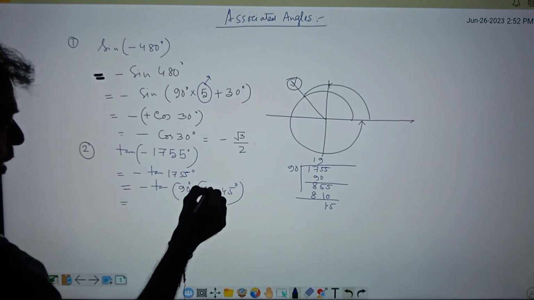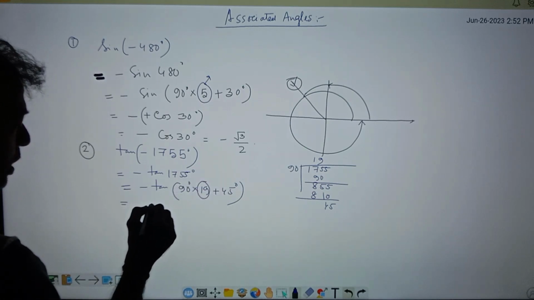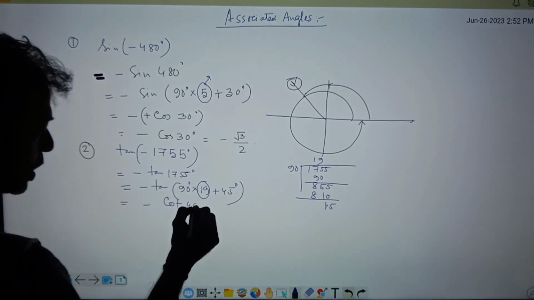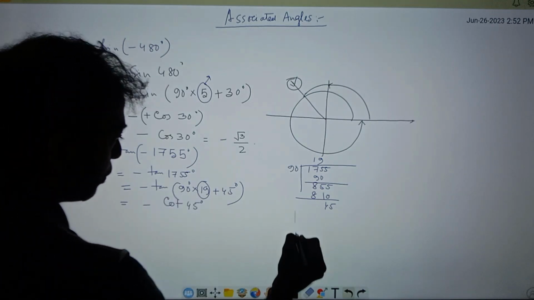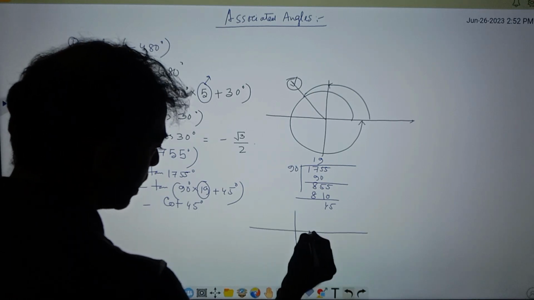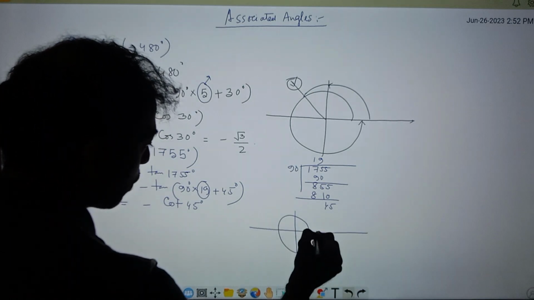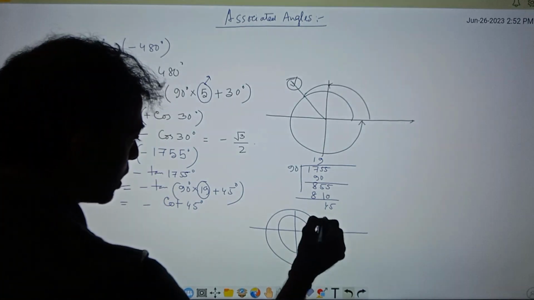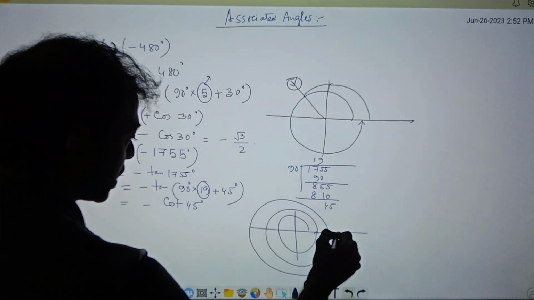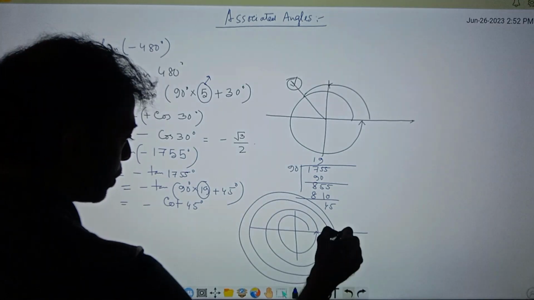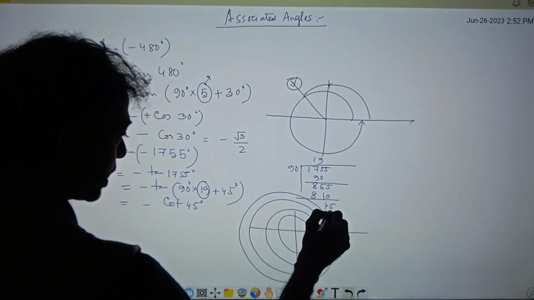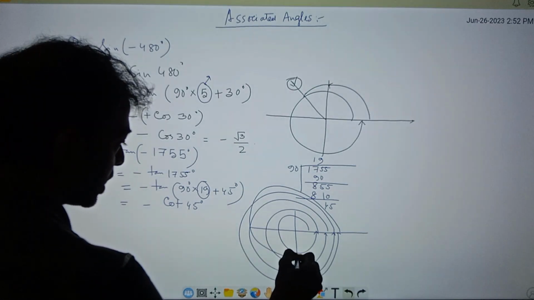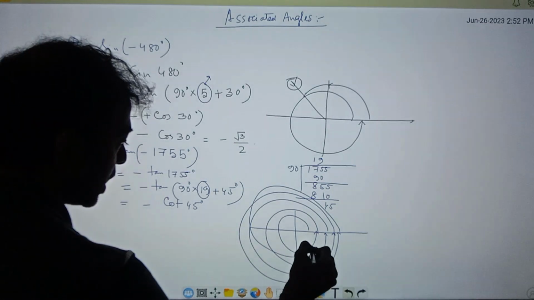Here, this is an odd multiple, and the trigonometric ratio is going to change, and it will be cot 45 degree. Now, in which quadrant is this lying? This is 90 into 4, then again 90 into 4, that is 8 rotations, then 12 rotations, then 16 rotations. After that, 19 rotations completed, then 45 degree.